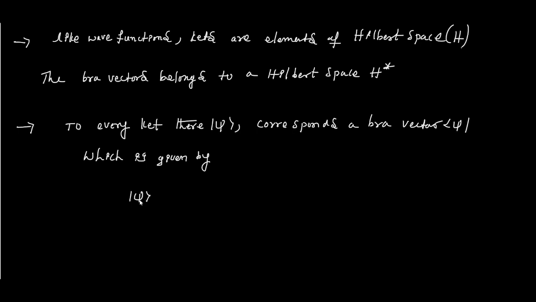If we have a ket vector and give its complex conjugate, it will turn into the bra vector.